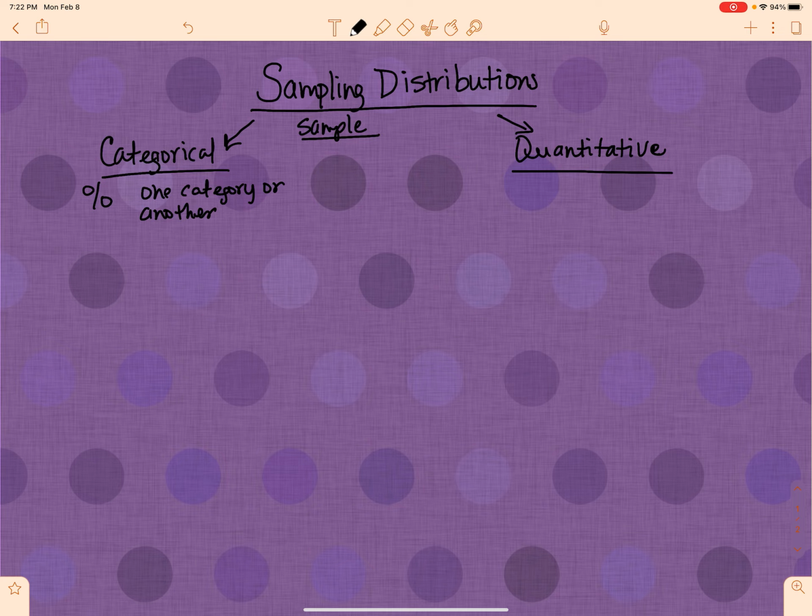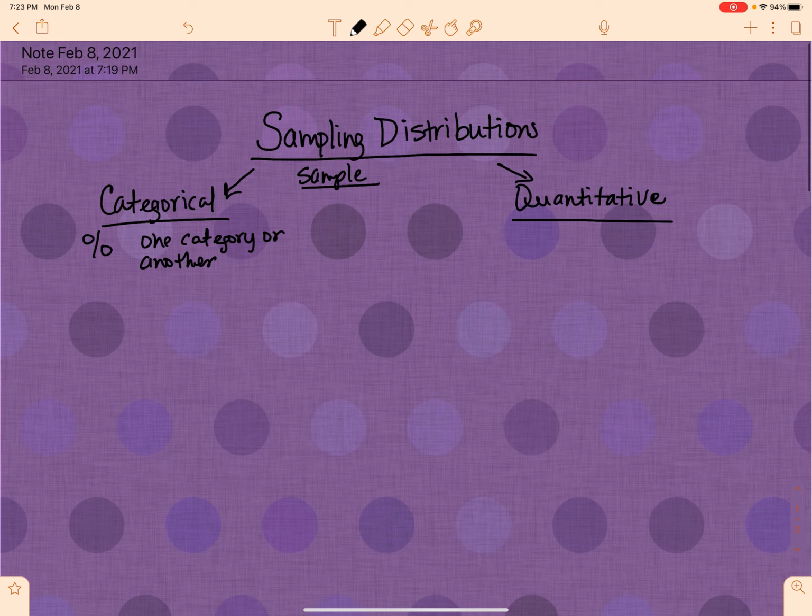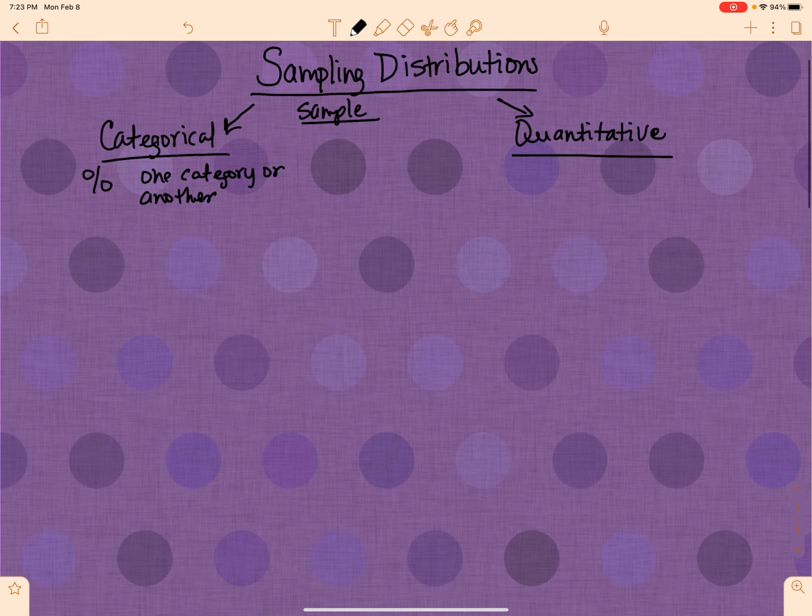With quantitative, you're going to be looking for values for which it makes sense to take an average or otherwise manipulate mathematically.